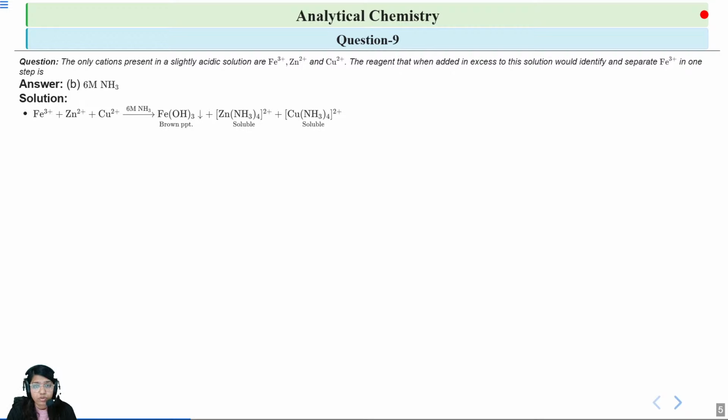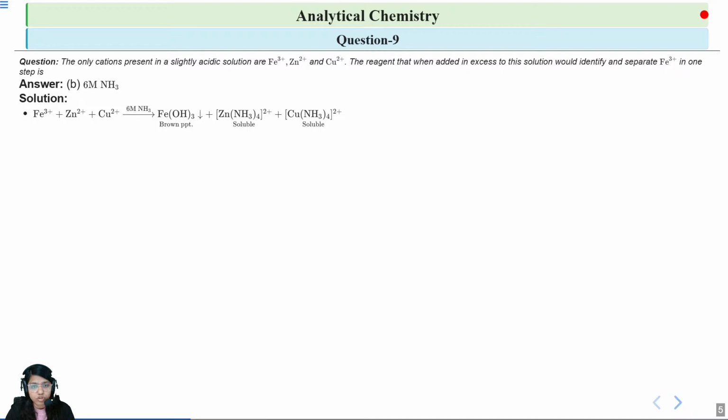So if the solution contains Fe3+, Zn2+ and copper 2+ ions, then on reacting with 6 molar NH3, the Fe3+ forms Fe(OH)3, a brown precipitate, while the other ions, which are zinc ion and copper ion, remain in solution as [Zn(NH3)4]2+ ion and [Cu(NH3)4]2+ ion.